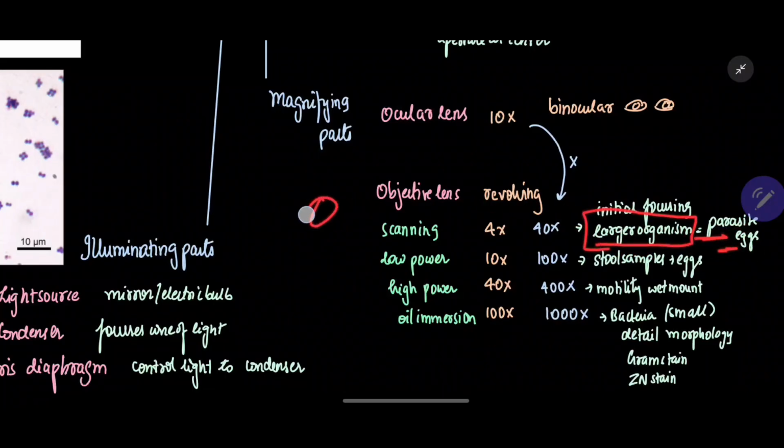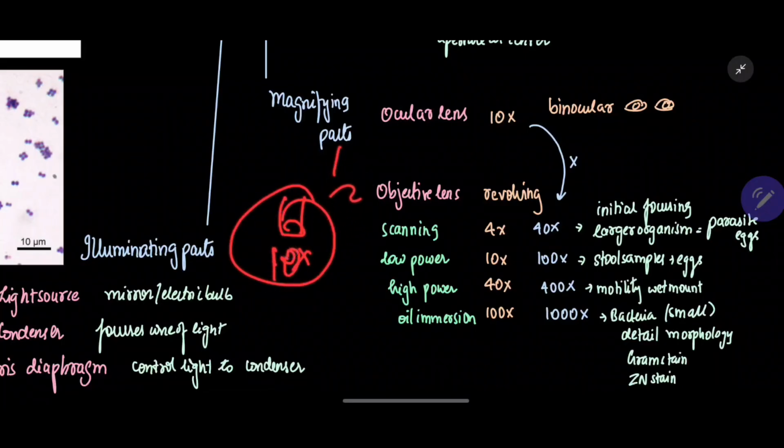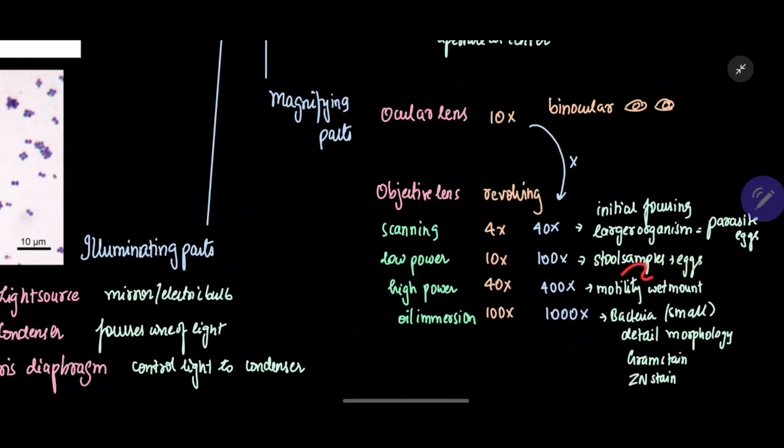Some parasite eggs are bigger, so you can look at them in your 40x. Next is your low power, where you use the 10x objective lens. In total, 10x into 10x will give you 100x. This will again be used for bigger samples, like your stool samples, your helminthic eggs, and stuff like that.